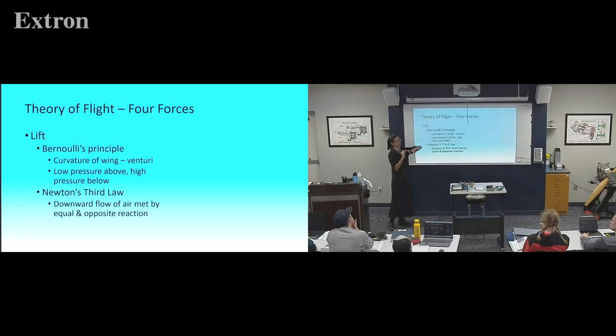Increasing, going faster. Correct. And what would be happening to my pressure? Decreasing. So if that's true, as I blow across this paper, the increasing velocity and decreasing pressure will cause low pressure on top, and it should go up like this. So we'll see if I can do this.